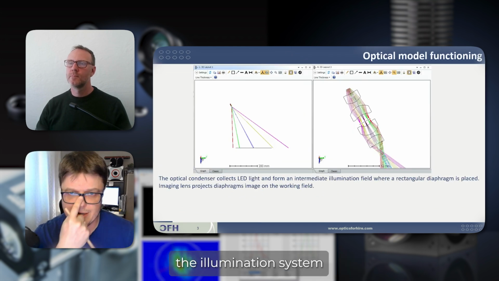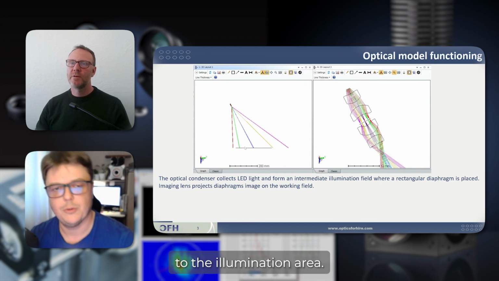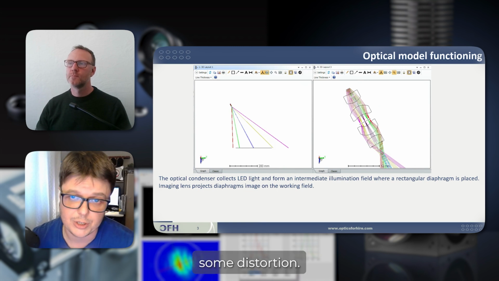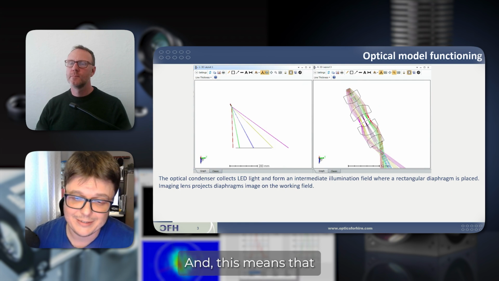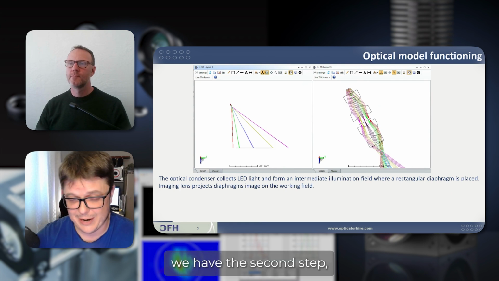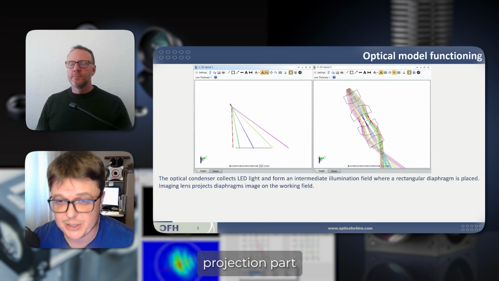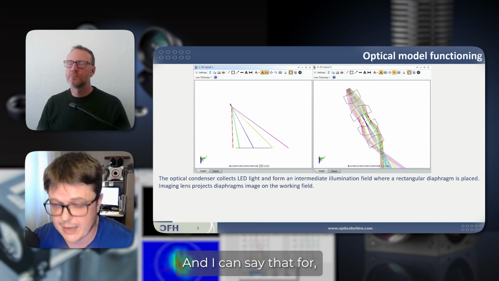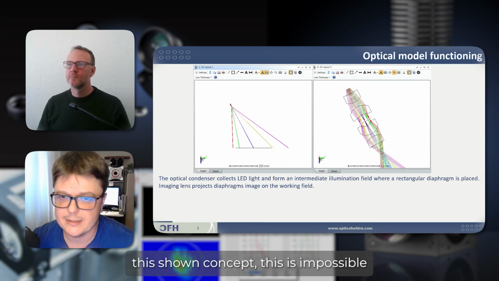You can see that the illumination system is placed at an angle, not perpendicular to the illumination area, and this brings some distortion, and we need to take this distortion into account. And this means that we have the second step, how to optimize the projection part of the illumination system. These are two lenses after the rectangular stop, and I can say that for this shown concept, this is impossible.